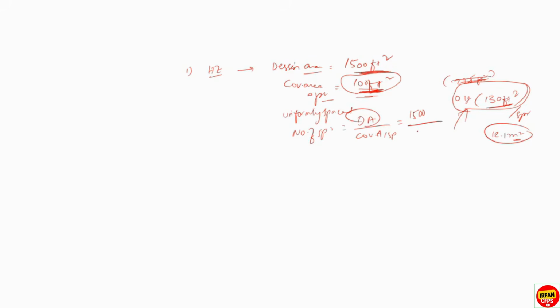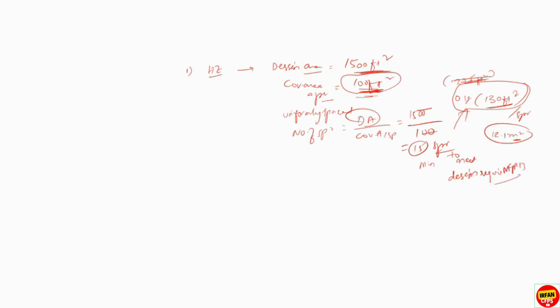So design area is 1500, coverage area per sprinkler is 100. So you need to consider 15 sprinklers for the purpose of calculation. So 15 sprinklers is the minimum to be considered to meet the design requirements as per NFPA 13.